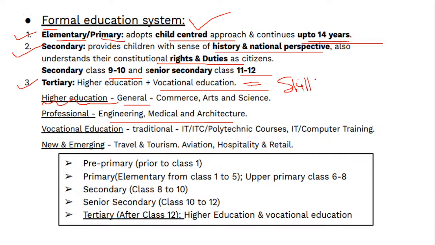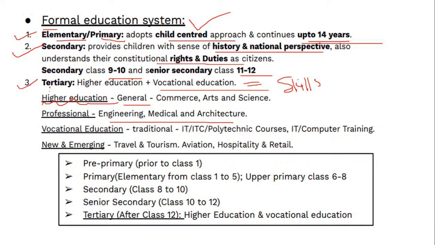Please remember, vocational is related to skills, which makes the person job oriented. The traditional ones have different types of courses, either industrial training centers, polytechnic courses, computer training, and the newly emerging ones are tours and travels, aviation, hospitality and retail. This is a part of your tertiary education.